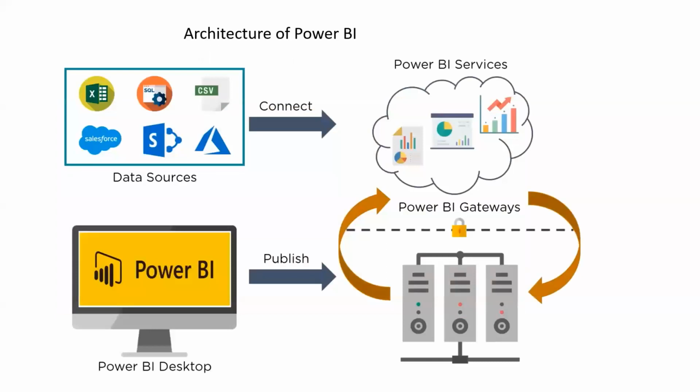See here, it's not a very complex architecture. It's a very, very simple architecture. As you observed in the previous slide, Power BI Desktop is static, where we connect different data source systems and prepare the report development. Once the development is completed, what are the next steps as per this? We have an option called the Publish button. The Publish tab is there in Power BI Desktop.